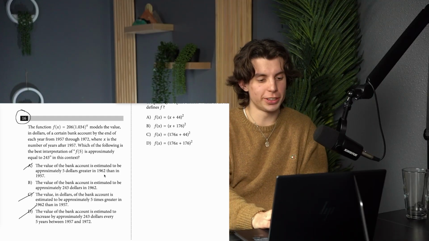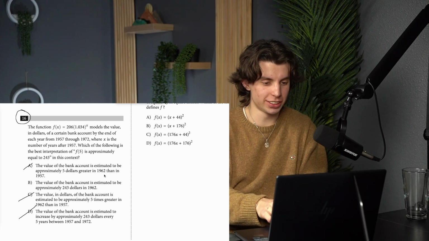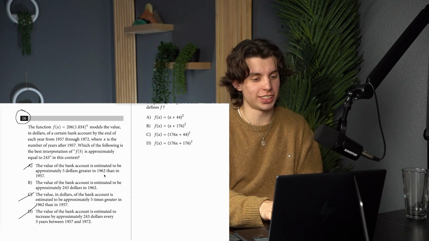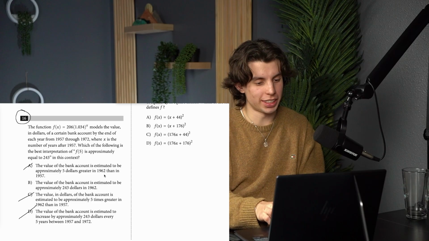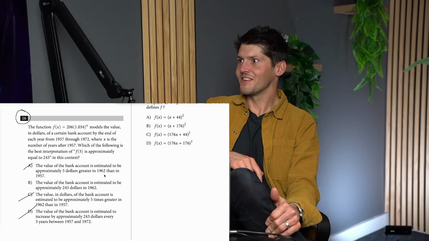Then I just noticed this in C. That's the only one that says the value in dollars. And the question also says the value in dollars. But then for B, they left that out. Yes. Very good. It's a very weird switch up. Well, can you imagine their job, where they wake up in the middle of the night inspired to come up with some way of getting a kid to get this question wrong and therefore not get into their dream school?